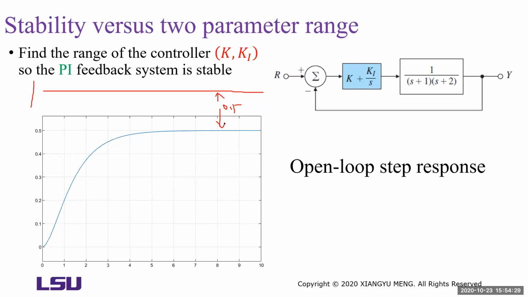But as I mentioned before, when you design the controller, if the parameters are not properly chosen, you can make a stable system unstable because of the feedback. Therefore, the first step, we still need to determine the range of the parameters to make the closed loop system stable.